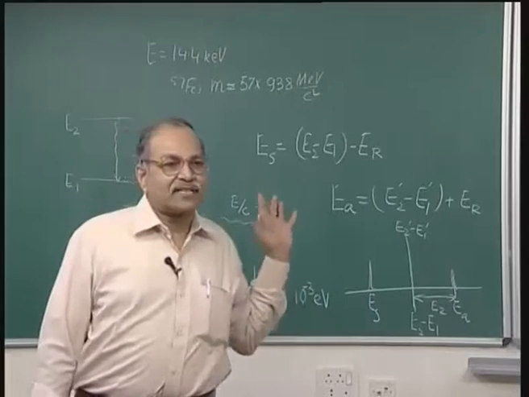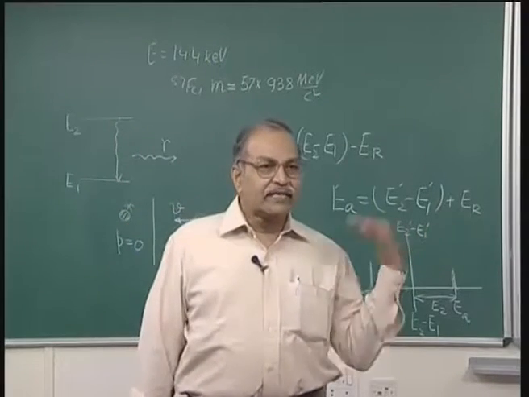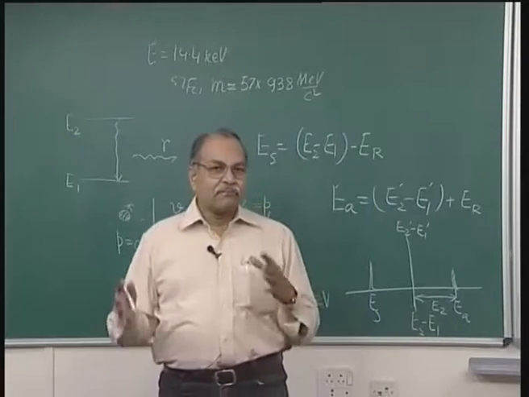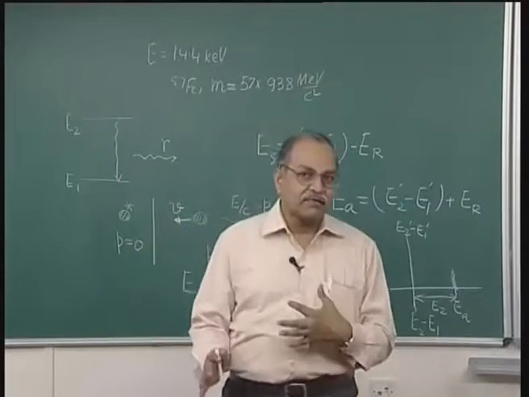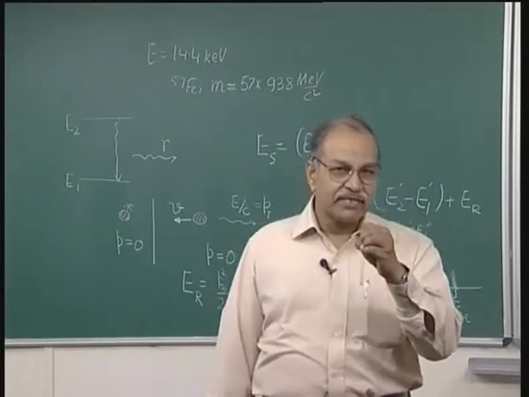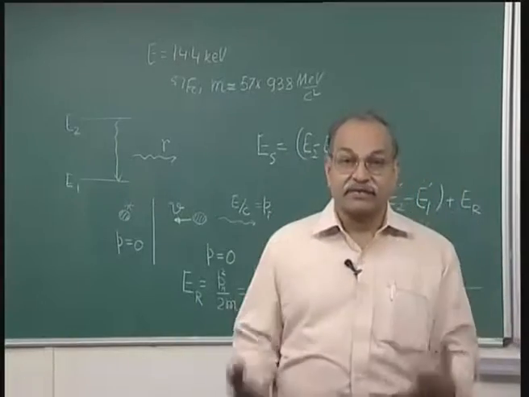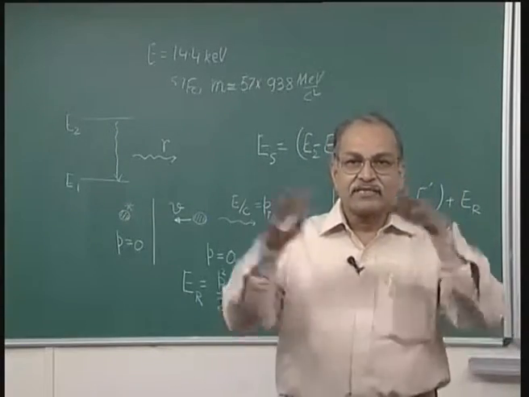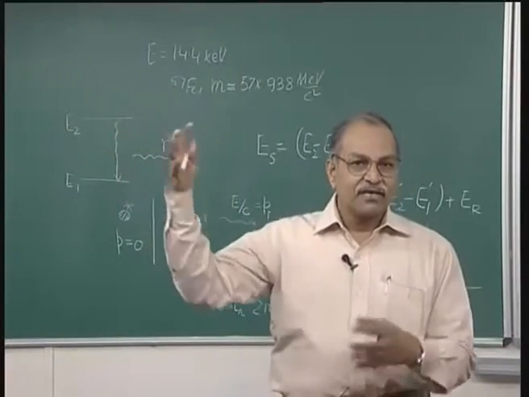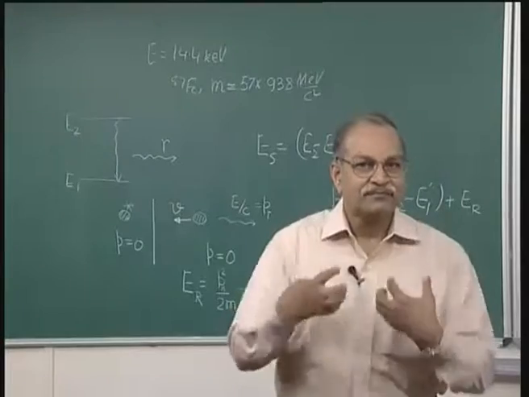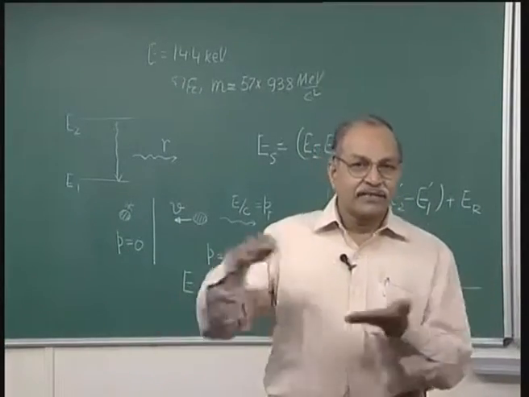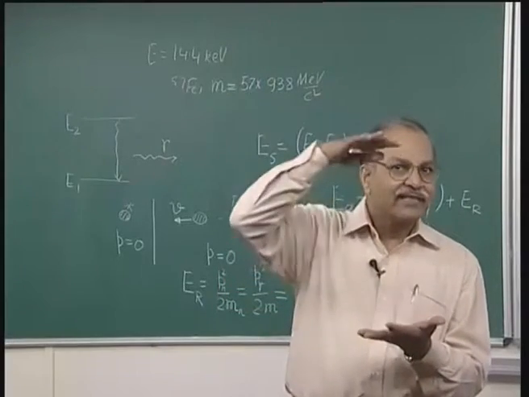So, that was the catch I was referring to, and the answer lies in quantum mechanics once again. It is a purely quantum mechanical phenomenon that if you have this radioactive nucleus embedded in a crystalline solid, then this crystalline solid has its own energy levels, and if there is a recoil, there is a coupling, and the whole crystal has to recoil, and this crystal has discrete energy levels.